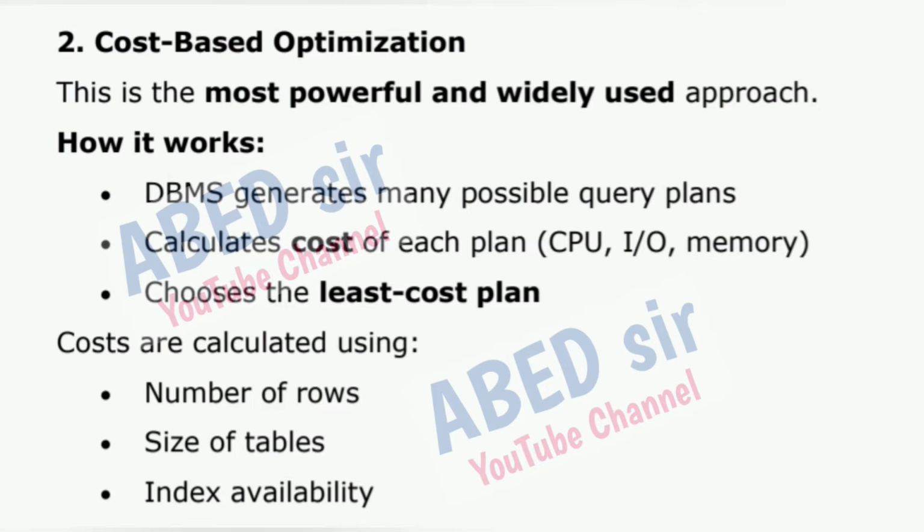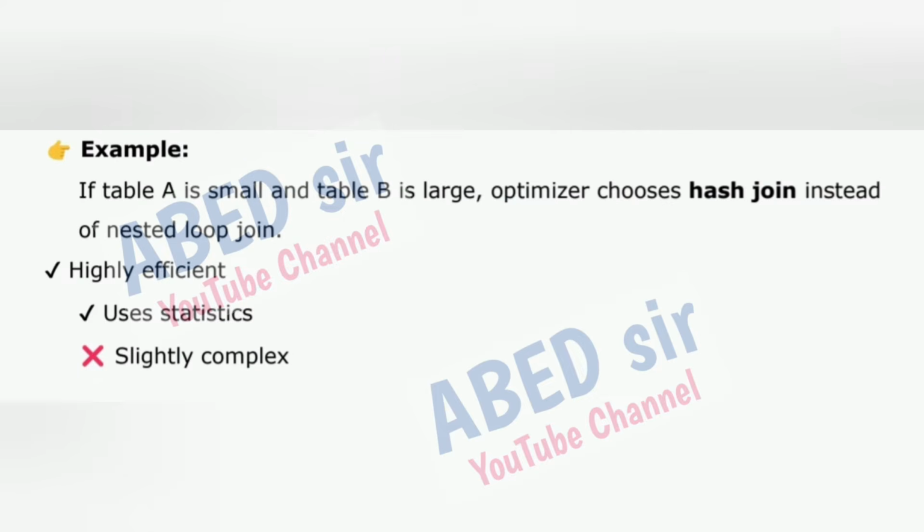Costs are calculated using number of rows, size of tables, index availability. Example. If table A is small and table B is large, optimizer chooses hash join instead of nested loop join. Highly efficient. Uses statistics. Slightly complex.